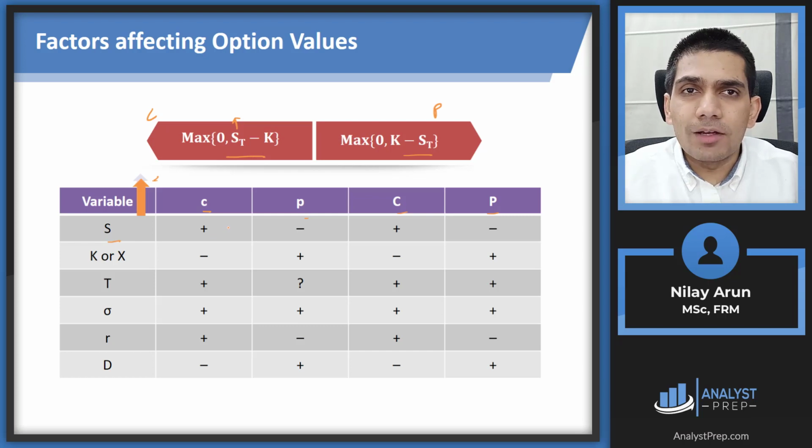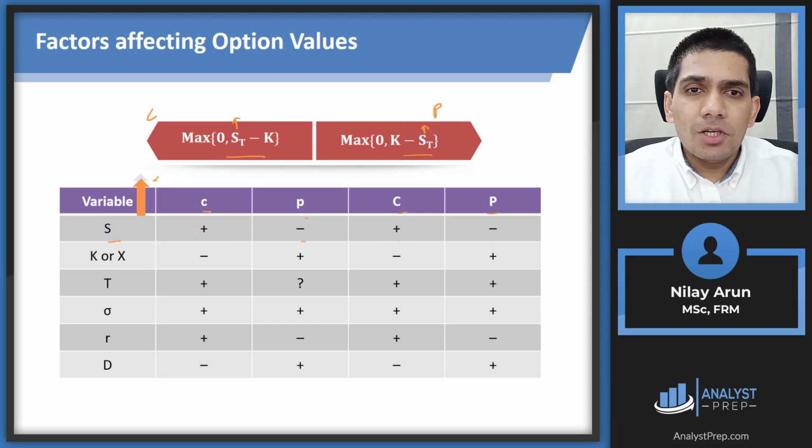It's a positive here. Similarly, if S was to increase for a put option, what is going to happen? If S increases here, then you can see that the spread is actually narrowing because we have a negative in front of S. So the impact here is going to be the opposite of a call option. So call option was positive, this one is negative. You can see American options also have the same impact.